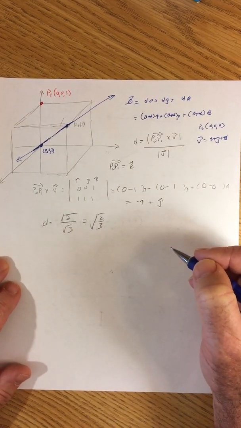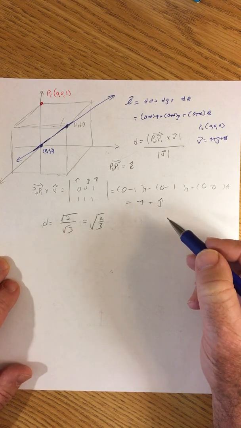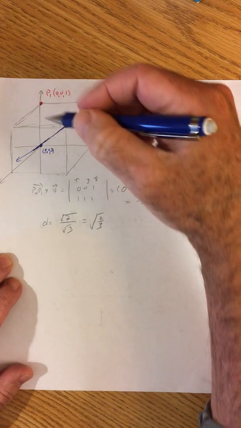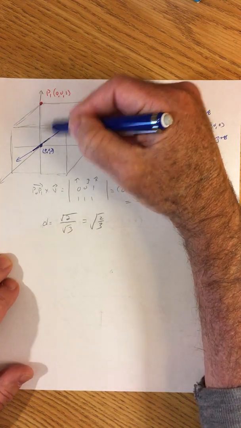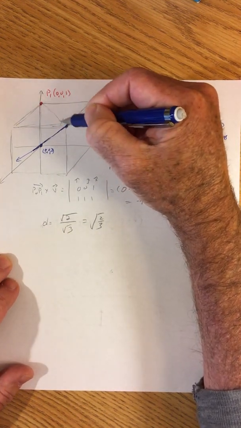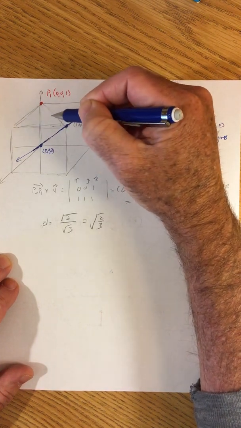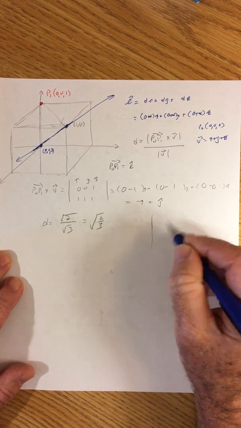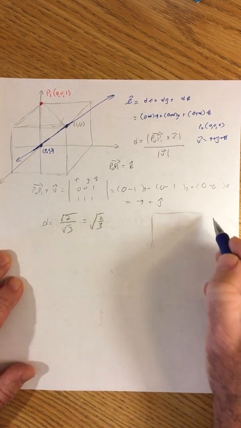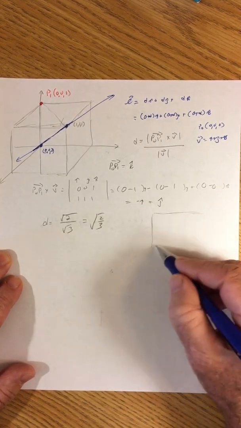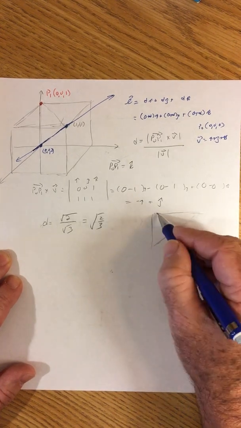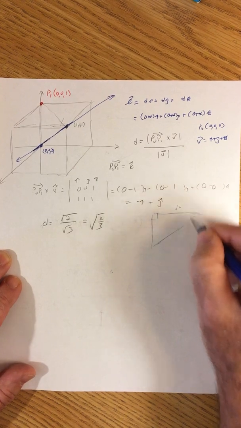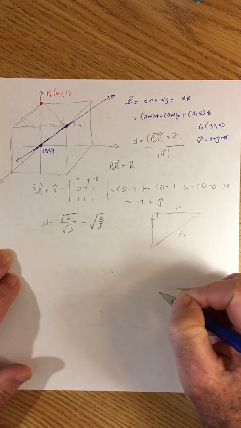Okay, now you may not remember this, but we've already sort of looked at this situation. If I take a look at this triangle right here, that's a right triangle, and it looks like this. Okay, and up here we have the square root of 2, and down here we have the square root of 3.